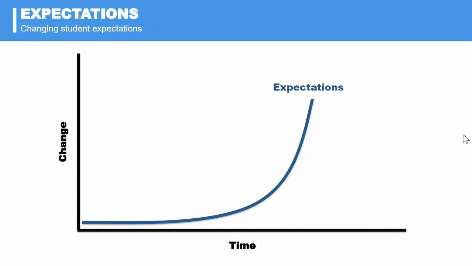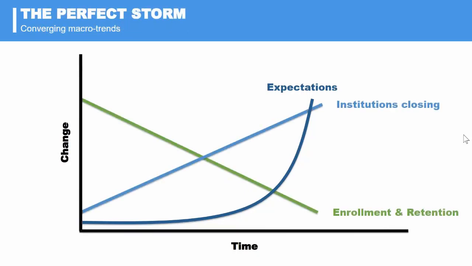So with all these changing expectations from the students, you throw these macro trends together, and what I see when I sit with a lot of universities and meet with them is there's this perfect storm brewing, where there are challenges on the cost side and keeping the doors open.